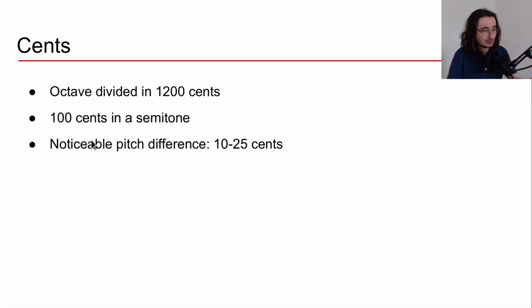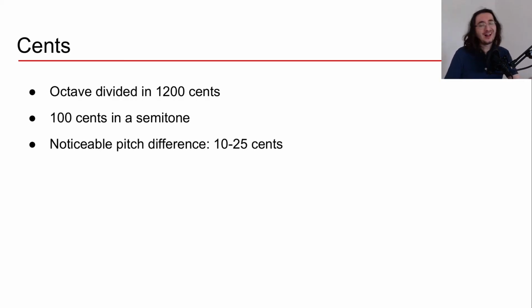But that threshold of so-called noticeable pitch difference is between 10 and 25 cents, depending on who you are, I guess your age and your background, if you are a musician or not. Probably if you're a musician, you are capable of appreciating pitch differences way better than non-musicians.